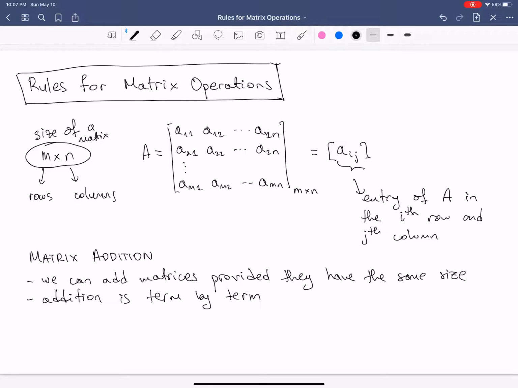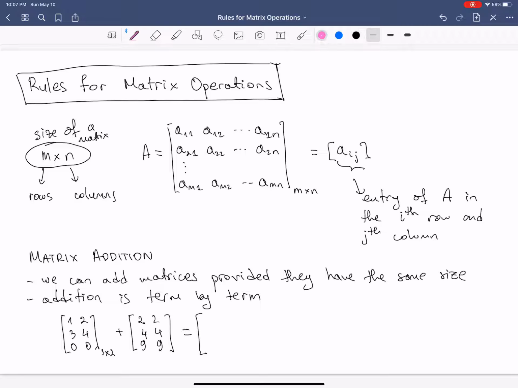All right, let's look at an example. So this will be a matrix with 2 columns. So this is a 3 by 2 matrix. And we can add it to another matrix of the same size, 2, 4, 9, 2, 4, 9, for example. And what we do is we add things term by term.